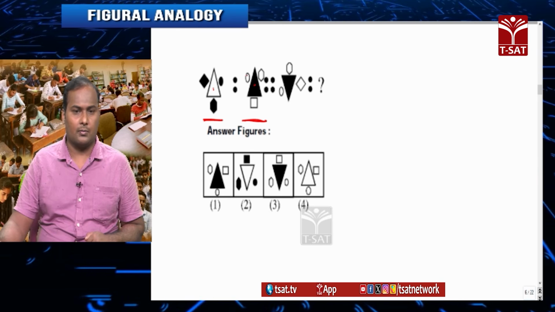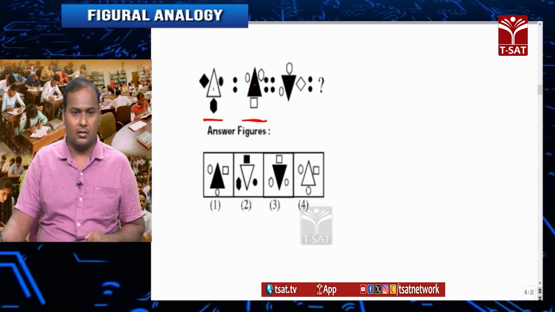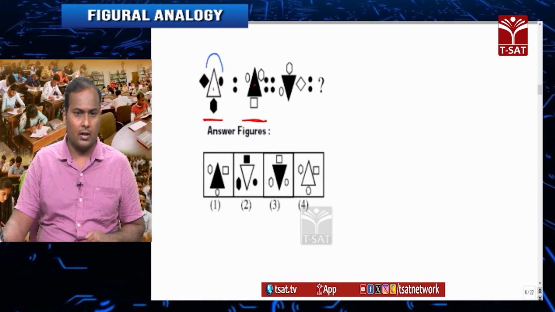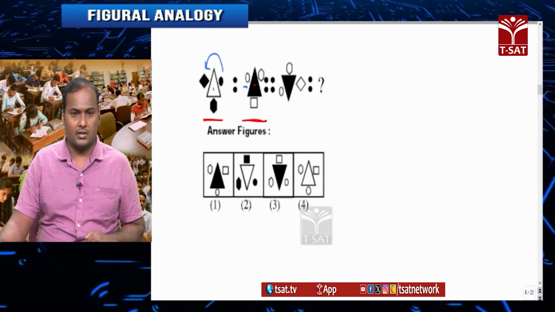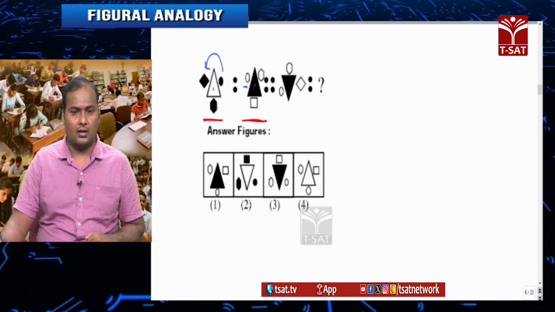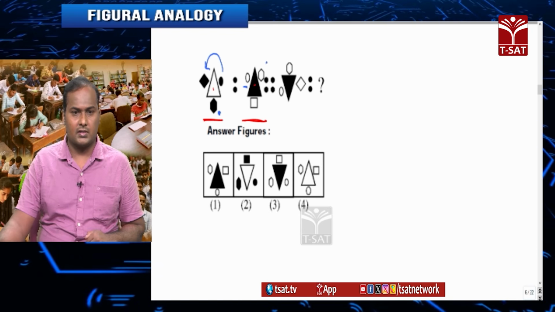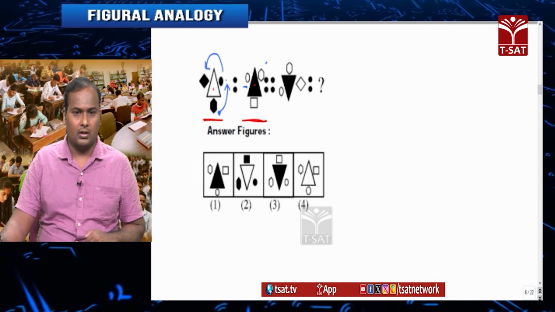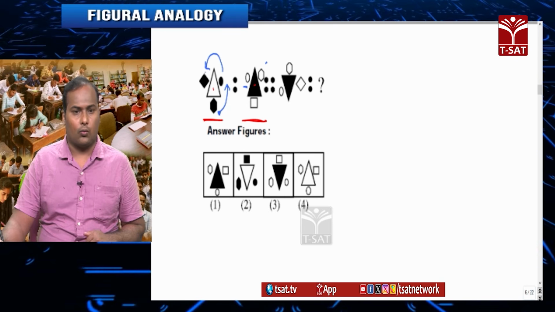And the next thing you can observe is the position of these outside figures. Initially, this circle which is dark now became lighter and it moved into the next direction, right? In the same way, the circle is now here. In the same way, the darker hexagon which was at the bottom here, now came to this side. So now this hexagon moved in this particular direction into the next figure. And what about the quadrilateral?